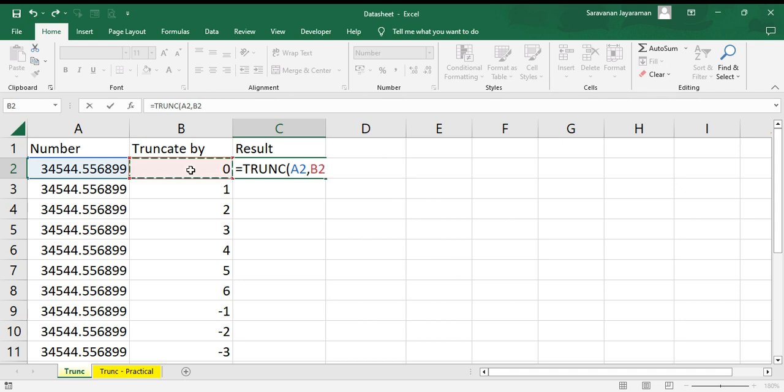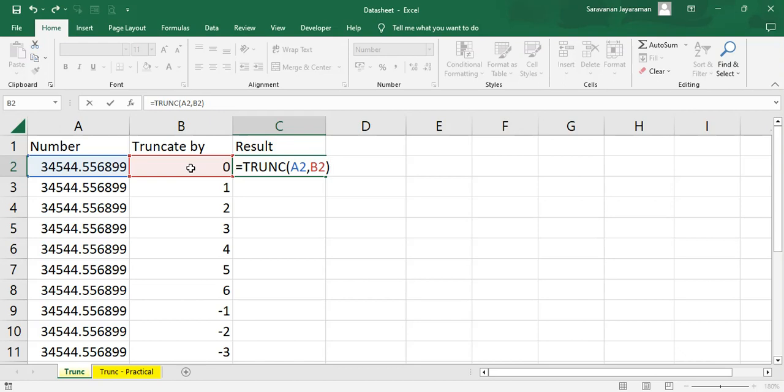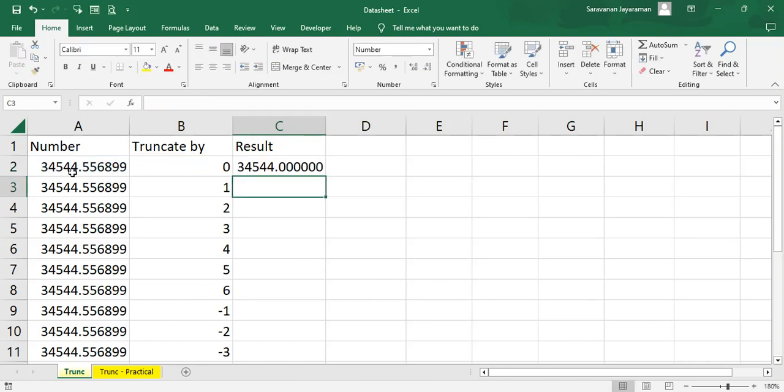It's 0. When we use 0, it will remove the decimal part completely, so it becomes 3454 without any decimals. Now we'll see 1.